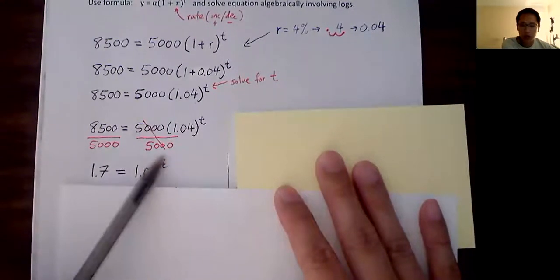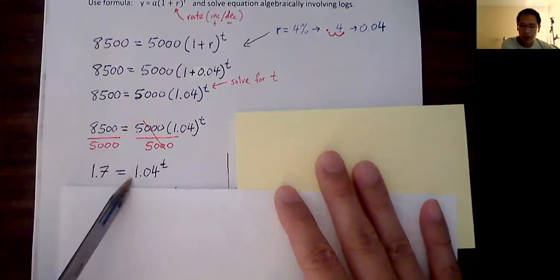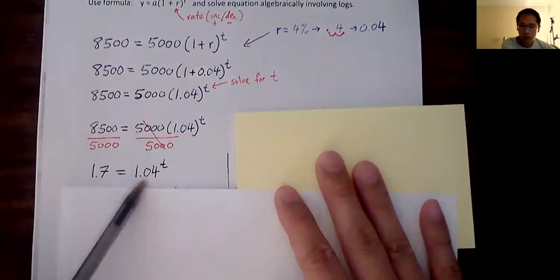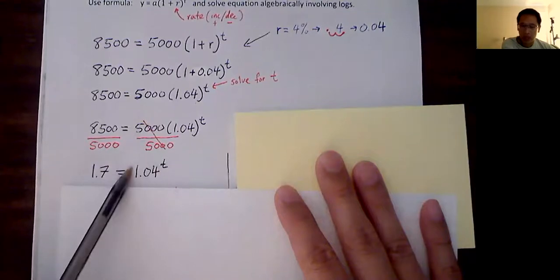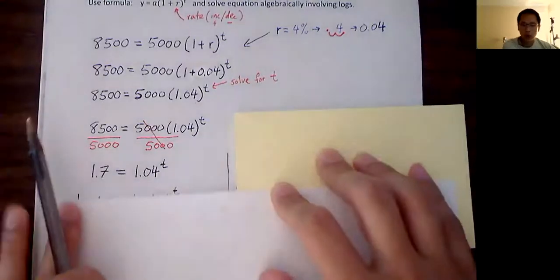Okay, it's a little cumbersome to work with that t. We would prefer to have that variable sitting down in the same level as 1.7 and 1.04. So the question is, how do we bring that t down so it makes it easier to solve? And the answer is we want to use logarithms.